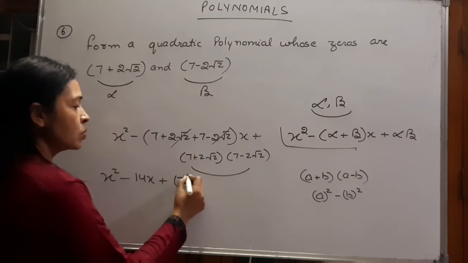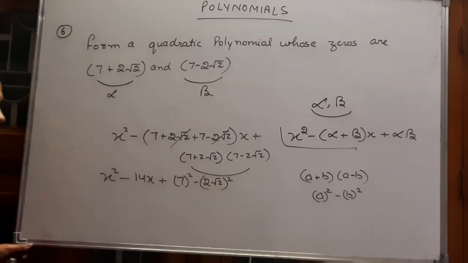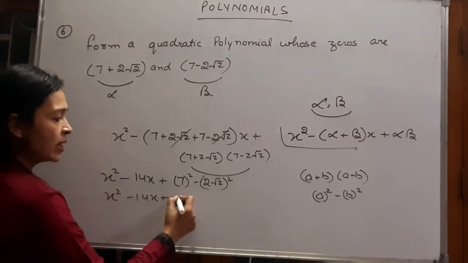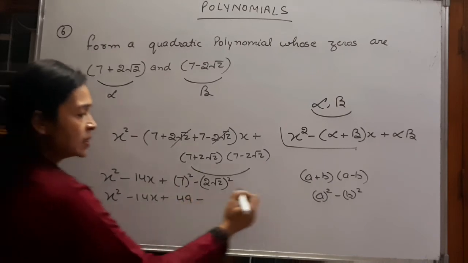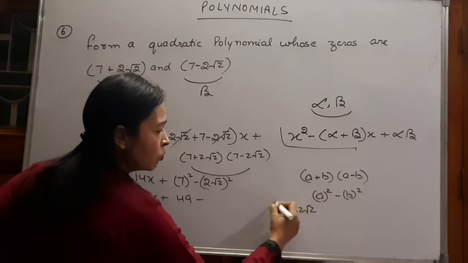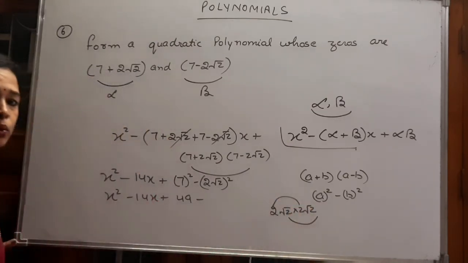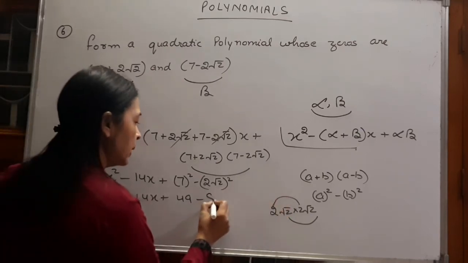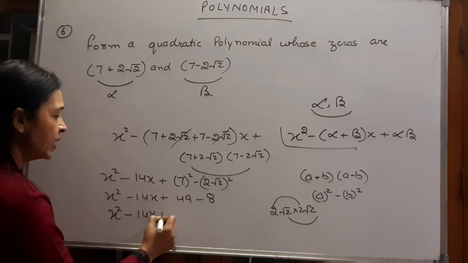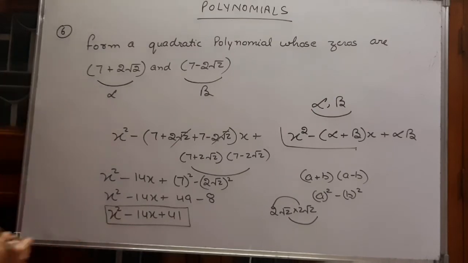Here we have 7 whole square minus 2 root 2 whole square. We have x square minus 14x plus 7 square is 49 minus 2 root 2 square, 2 root 2 into 2 root 2. 2 into 2, 4. And what is root 2 into root 2? 2. 4 into 2, 8. So our final answer is x square minus 14x plus 41. This is our required polynomial.